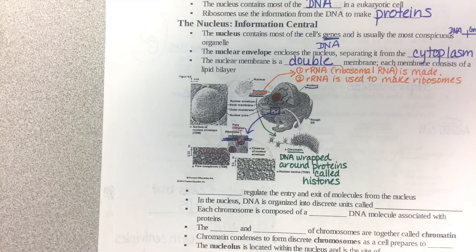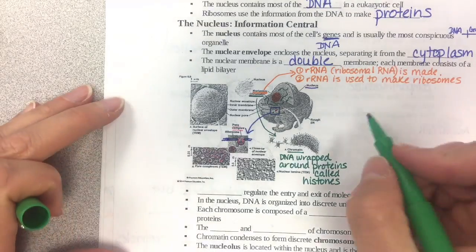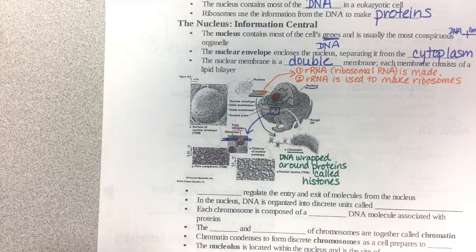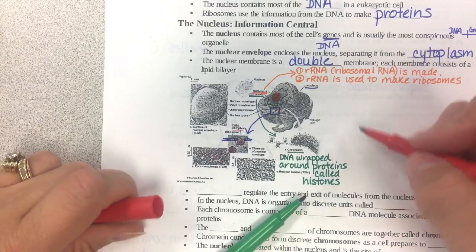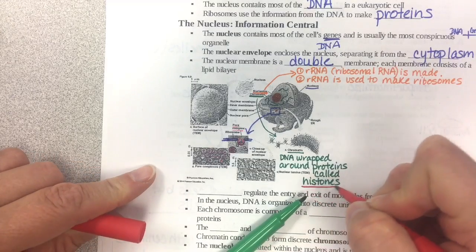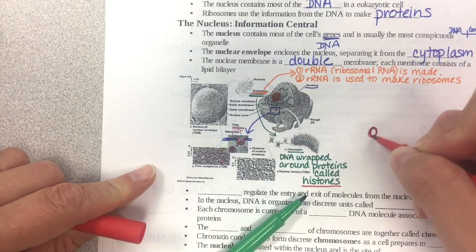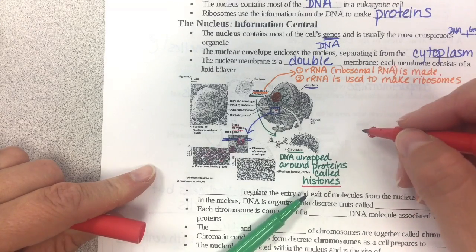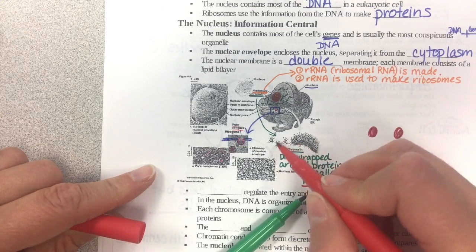Okay, so what this is, we have, like, this is your DNA in green, and your histones let's make in red. So I'm going to make histones red. Here's my histone proteins. And they have these little things that come out, that's why it looks like these things coming out here.